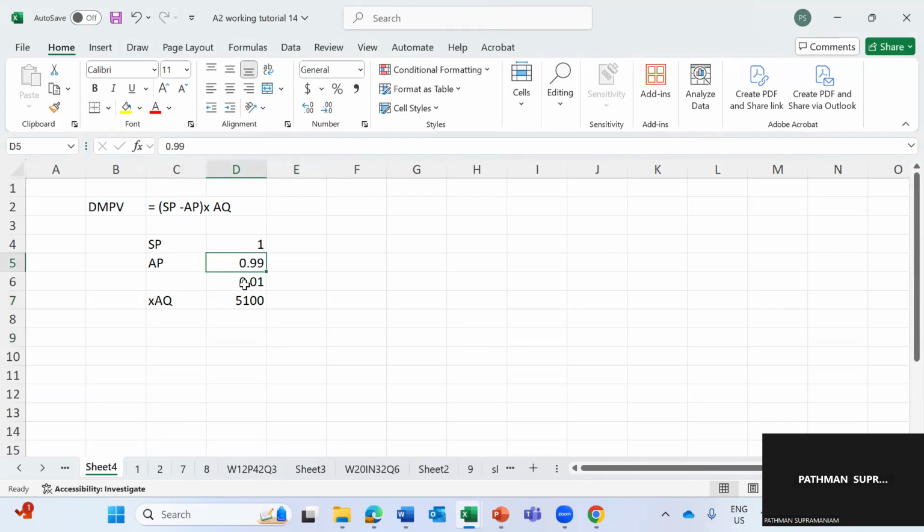So when you multiply 0.01 with 5,100, you're going to get $51. Now, since the actual purchase price was lower than the expected purchase price, we save 1 cent per kilogram. Okay, so that's a good difference. Hence, you must write here favorable. $51 favorable. Okay, so the direct material price variance is $51 favorable.